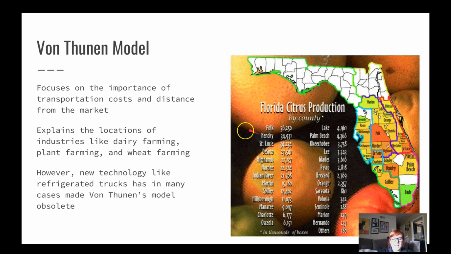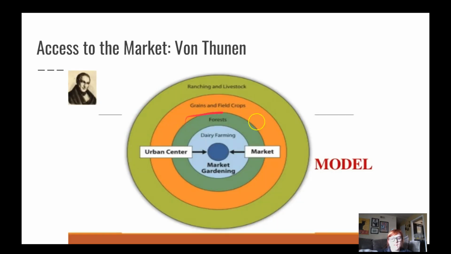And a lot of this is because we just have better technology today that doesn't affect transportation costs as much. So we have things like refrigerated trucks. Because we have refrigeration, it's not super necessary for dairy farming to be so close to the urban center. And in fact, dairy farming has moved sort of to the outskirts because dairy comes from cows, and cows also smell, right?